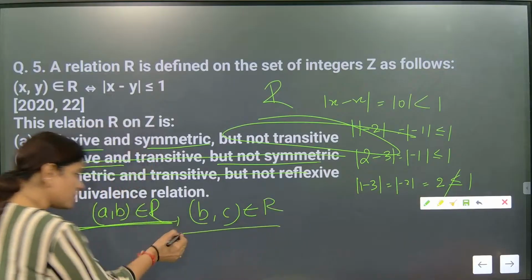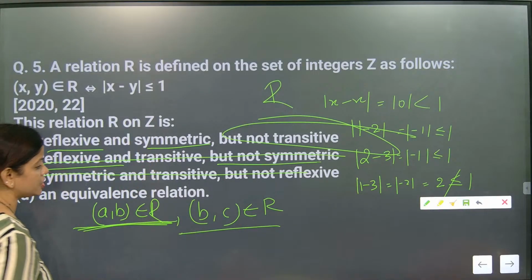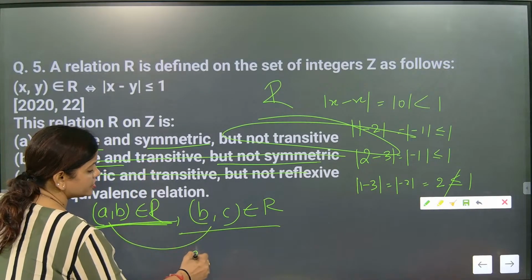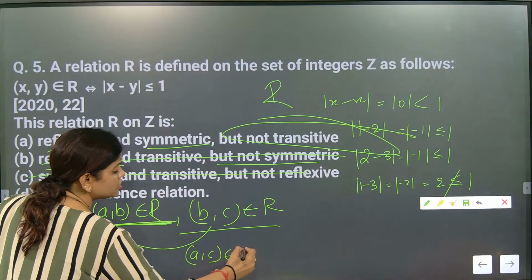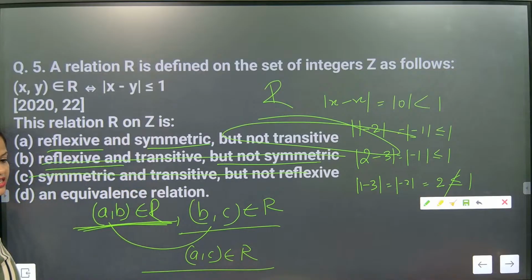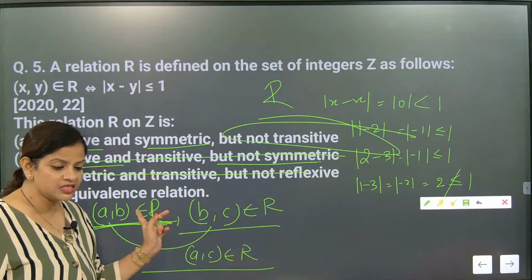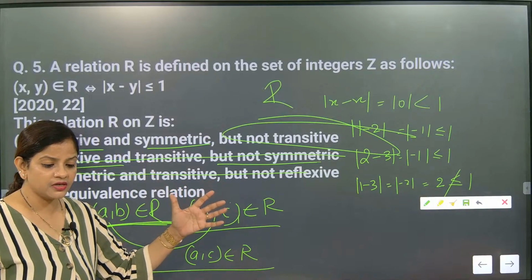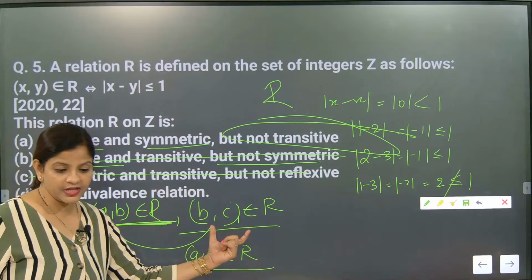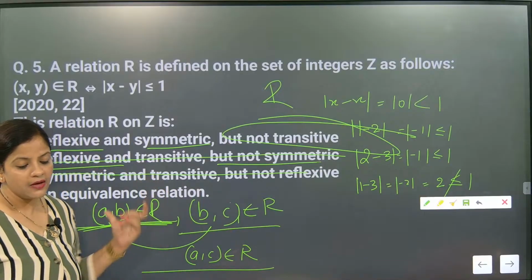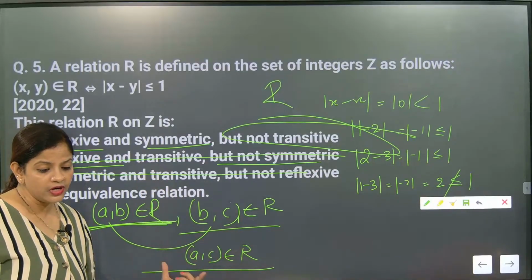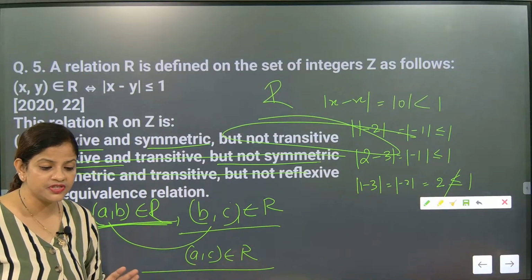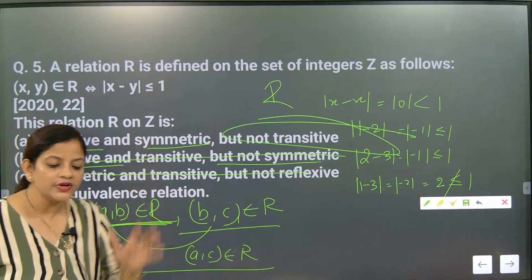So if these two conditions are satisfying the relation, then the third condition, (a, c), should also satisfy. That means if this and this are not satisfied, we can't take it as a relation. Understood? These two should be there, then only the third one comes. That is the case of transitivity.